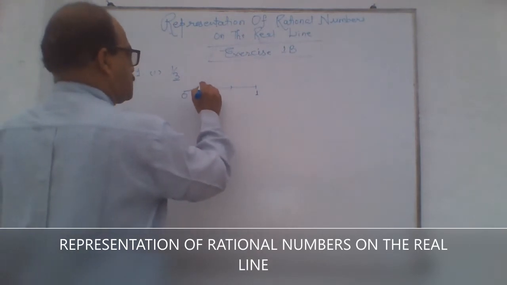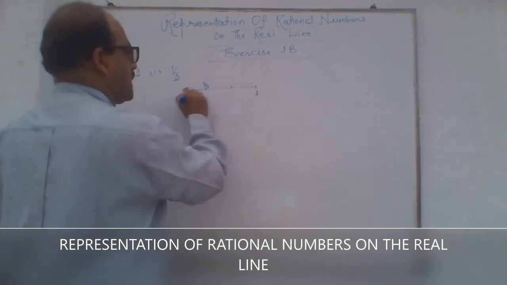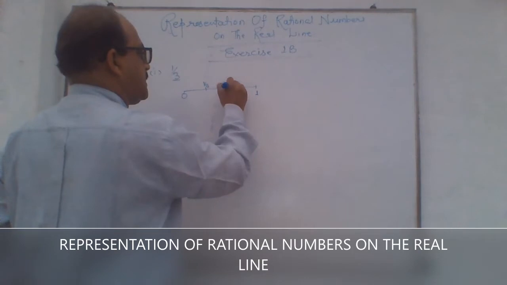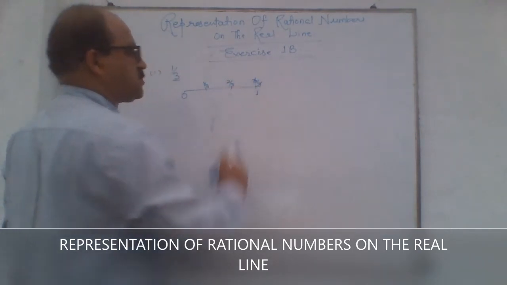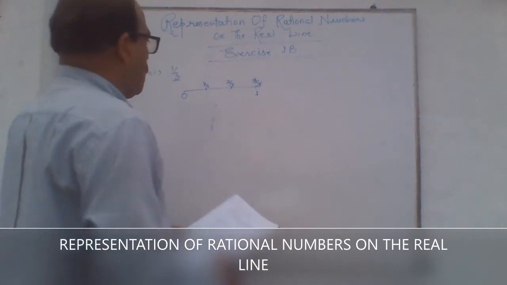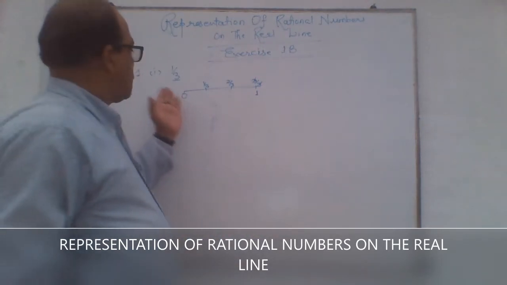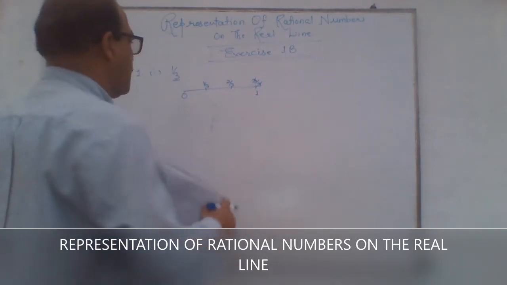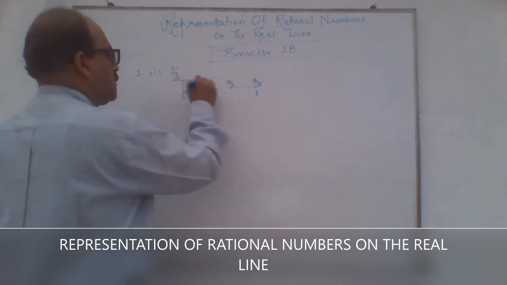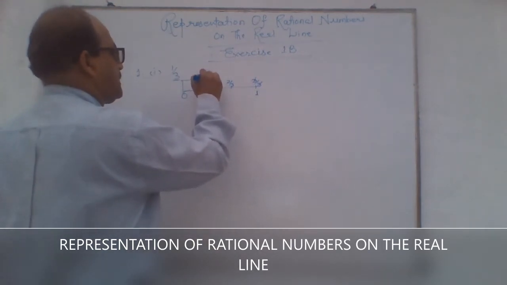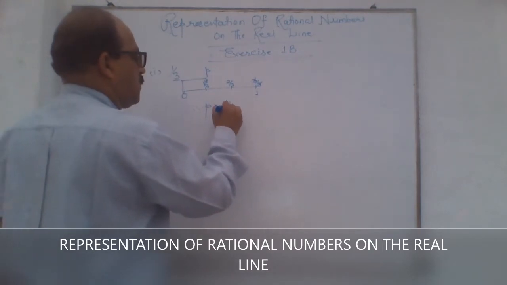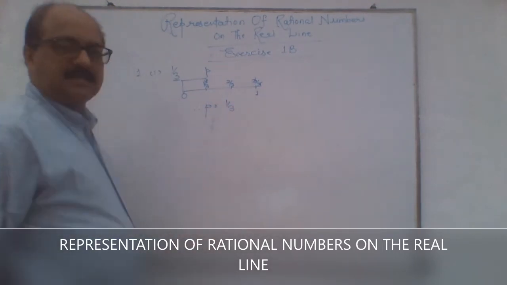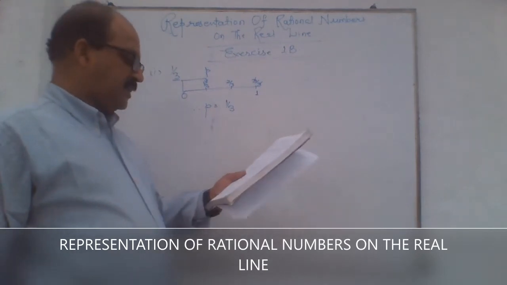The first part is called 1 by 3, second part is called 2 by 3 and third part is 3 by 3, so it cancels and becomes 1. Here what the question has asked, we have to represent 1 by 3. So now we can easily represent it, and this is the point P. So here P is equal to 1 by 3. This is your answer. Now next question.